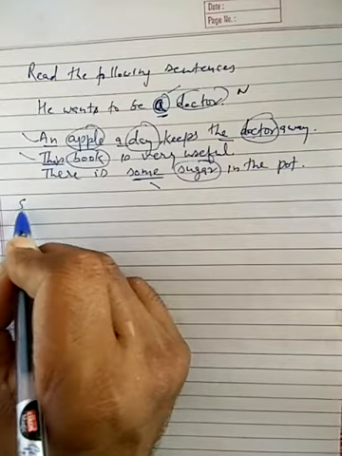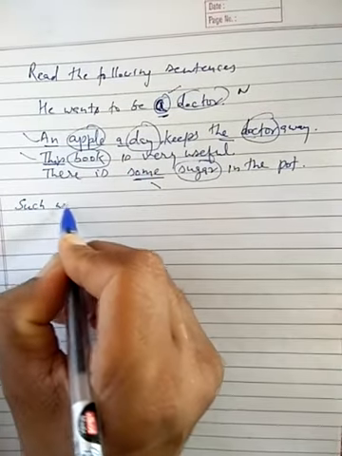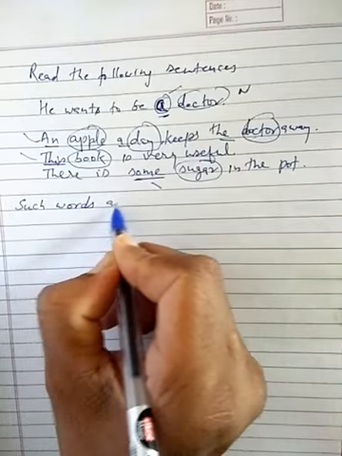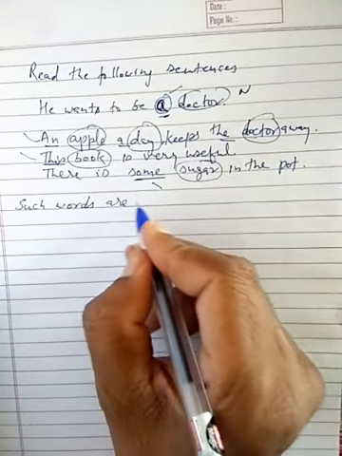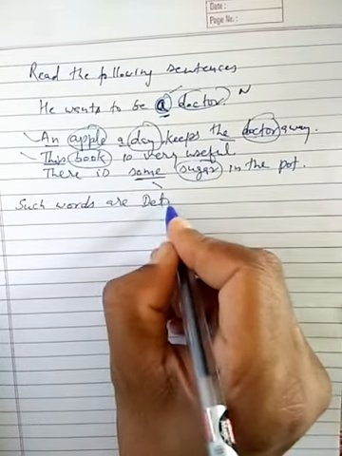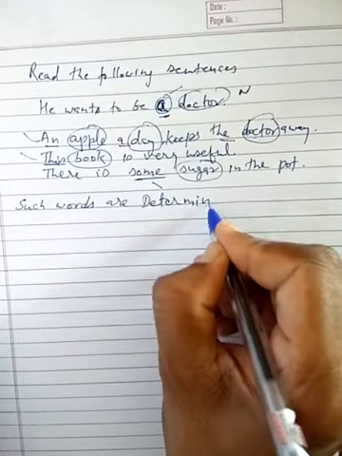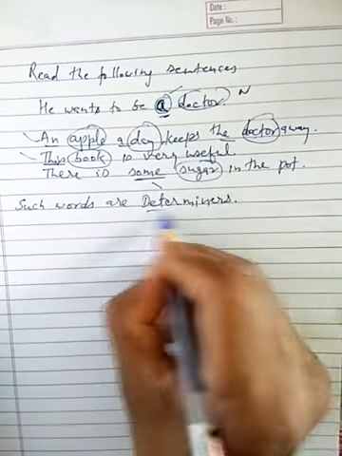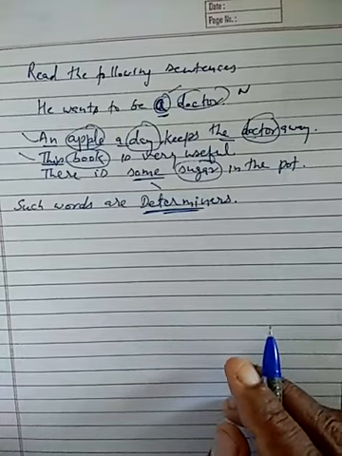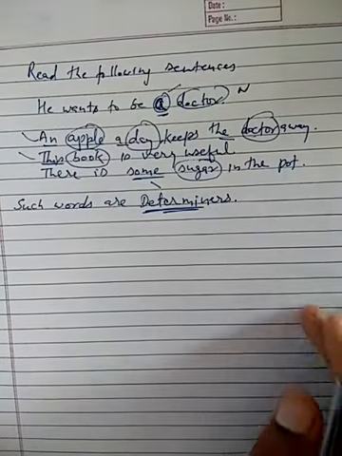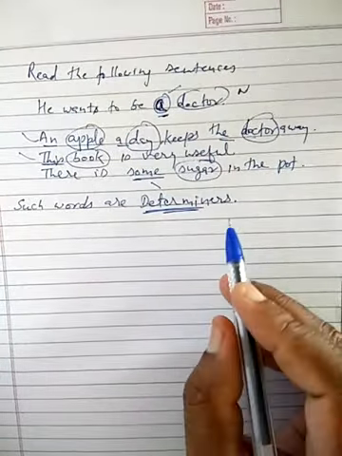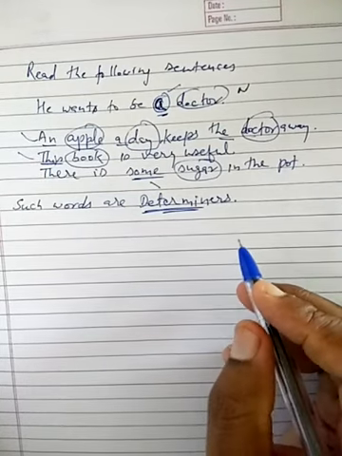Okay, so such words are determiners. They are determiners. And now a new word that you don't know what it means. Determiners, something that determines or fixes.